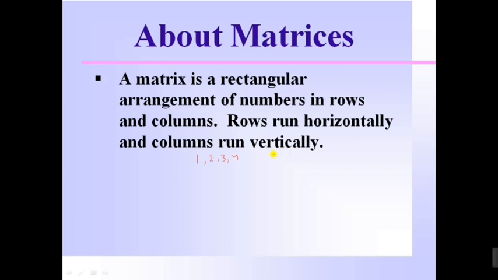So, I can arrange it in these ways: 1, 2, 3, 4, or in this way: 1, 2, 3, 4, or else I can write it in this form: 1, 2, 3, 4. So all these arrangements are called matrices.